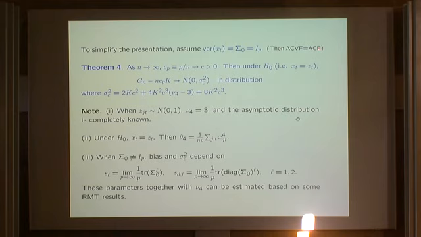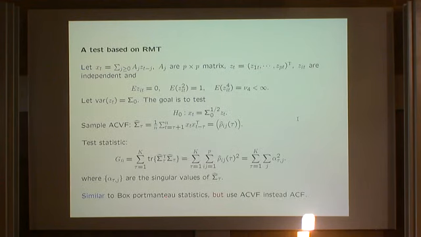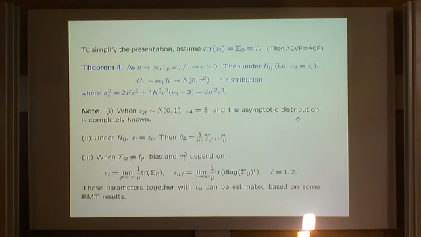The statistic, as I show you, is just this. In this case, it is the sum of squared sample correlations, like the Box portmanteau test. Then this test statistic minus this bias term is asymptotically normal with the variance in this expression.